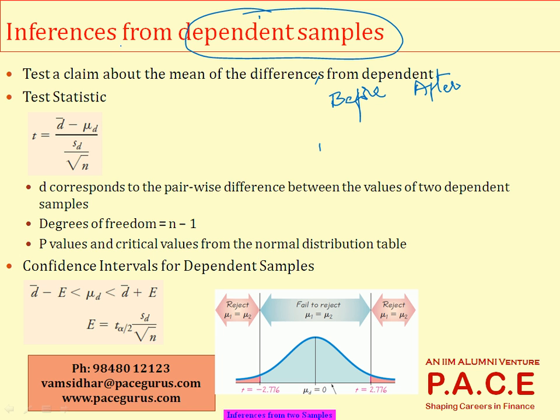I have to collect the sample weights before the treatment started, and for the same person I have to collect it after the treatment has ended. So there is a lot of dependency between the samples. Similarly, if I want to find out whether there is any specific age difference between a man and his spouse, if that's the kind of statement I may have to look at, then there is a dependency in the sample.